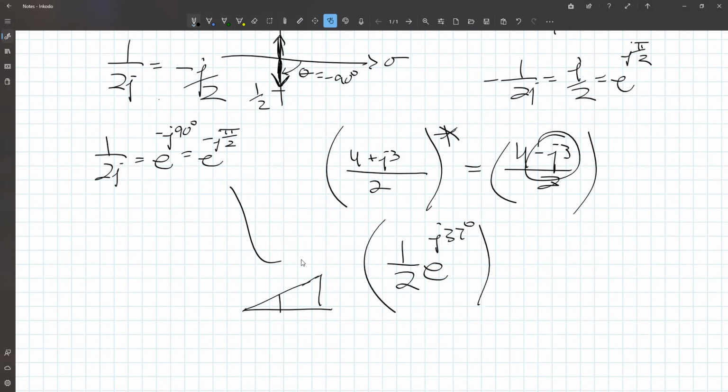And if I wanted to conjugate that, then that would be 1/2 e to the minus j37. Because essentially, here's my complex number, here's my origin here. Then I come down the same magnitude or the same imaginary part, and I'm right here. So now we have plus 37 degrees and then minus 37 degrees on this one.